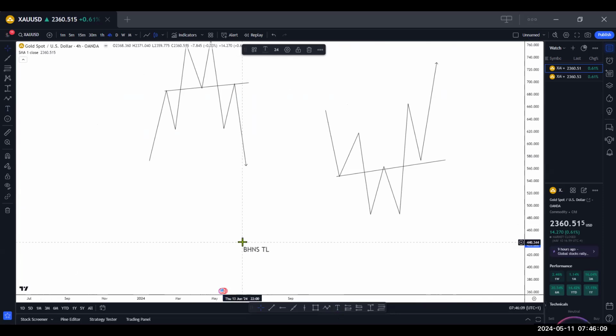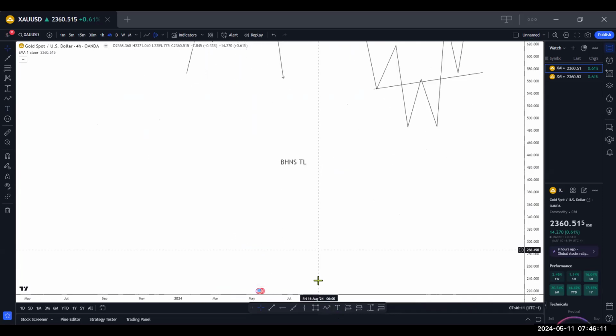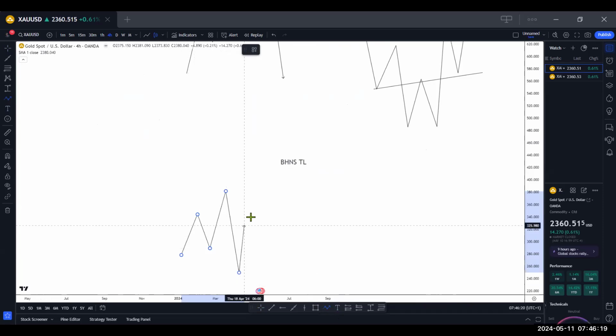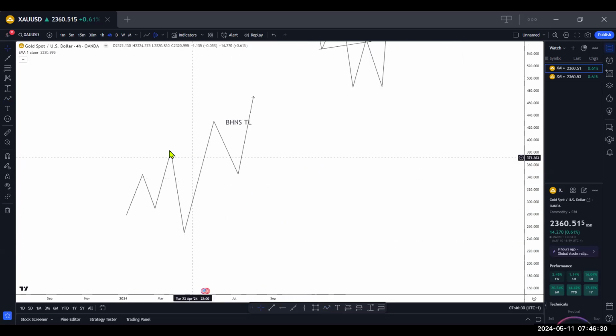This is the trend line you use for broken HNS. So the first thing is to remember what broken HNS is. For a sell scenario, you have this head and shoulders. You want to sell here? No, price breaks, and when price breaks, price would come back. So this is the broken HNS.